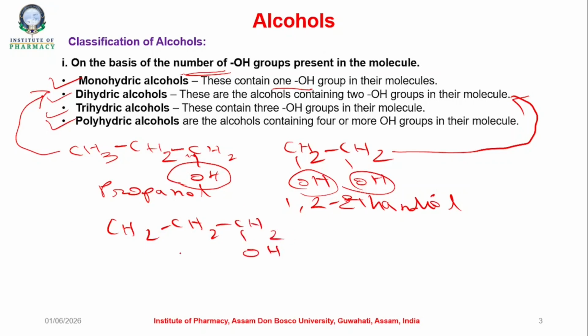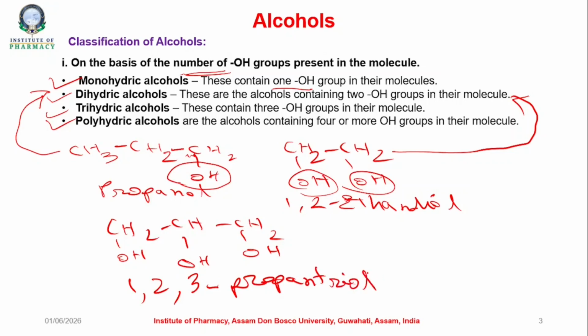We will put one OH group here, another OH group here, and then another one here. We have to remove this H. So this becomes 1,2,3-propanetriol. So this will be a trihydric alcohol. So this is one way to classify alcohol.